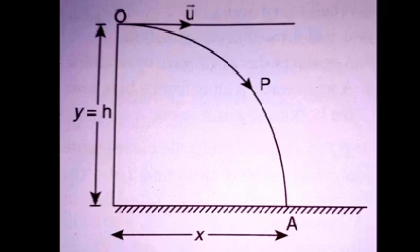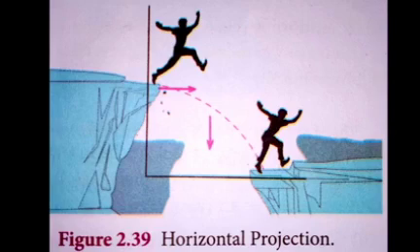Now after some time the object reaches the ground, it reaches the point A through the path P. Now the distance from the initial point to the point it reaches is known as the range. So how far the object covers the distance from the initial point to the final point, that is called the range. See this another diagram, this is also an example of horizontal projection.